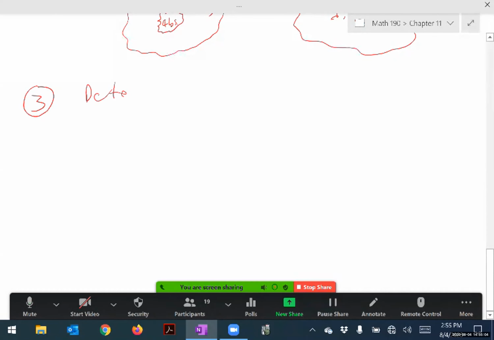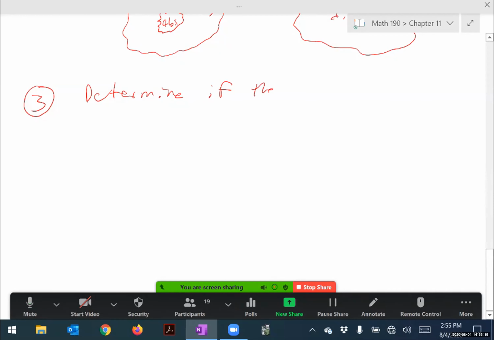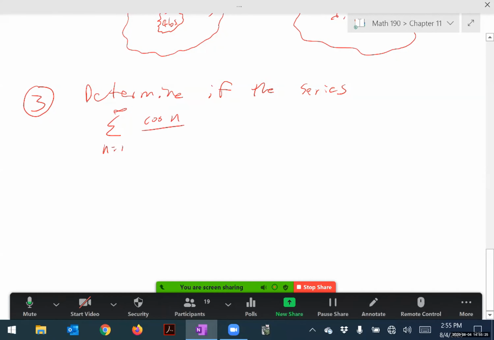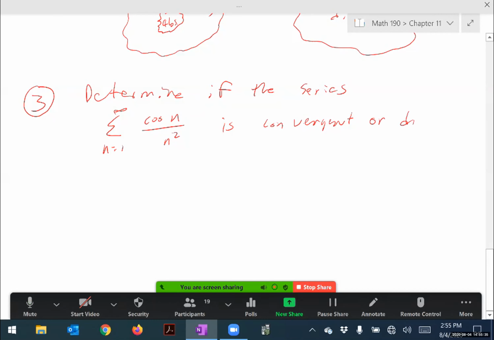Determine if the series, the summation of n equals 1 to infinity of cosine n over n squared, is convergent or divergent. Is convergent or divergent.